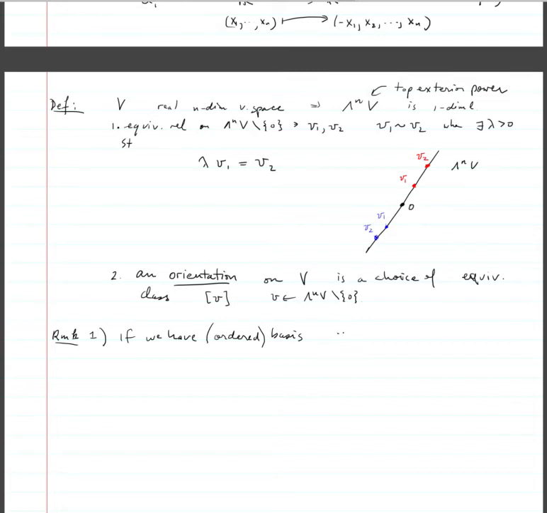So if we have an ordered basis E1, ..., En of V, then we have a natural orientation, which is to take the ordered wedge product of this ordered basis. You take the wedge product of the ordered basis in the order given. And this gives a non-zero element of the top exterior power, and we take the equivalence class of this.